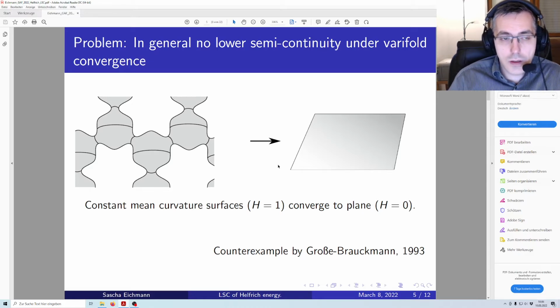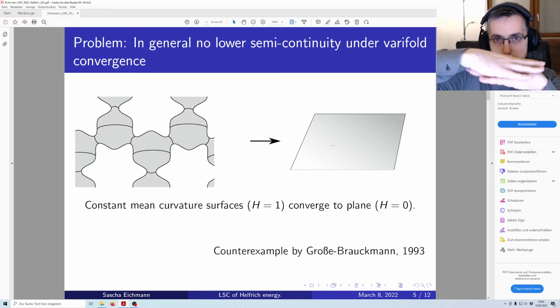He constructed a family of constant mean curvature surfaces which all have constant mean curvature 1, and they depend on some parameters. And if you let one of these parameters go to the limit, then these constant mean curvature surfaces converge to a plane with double density.